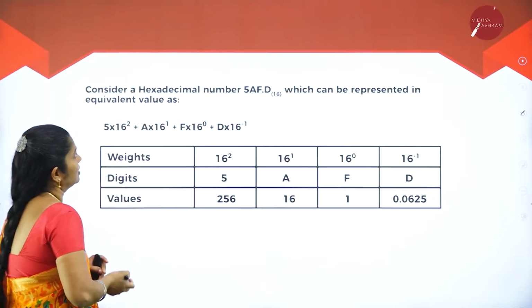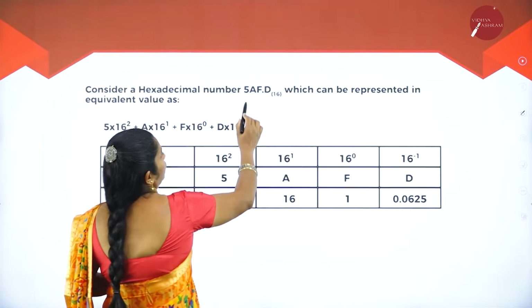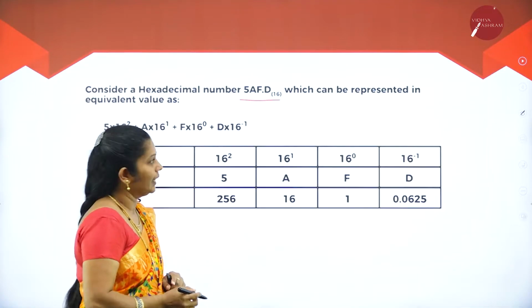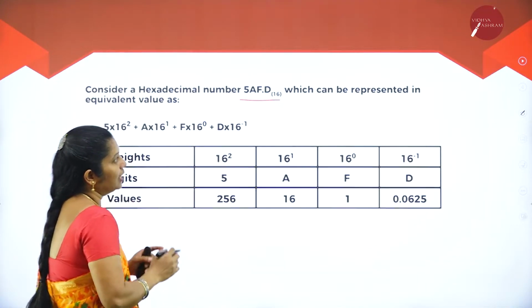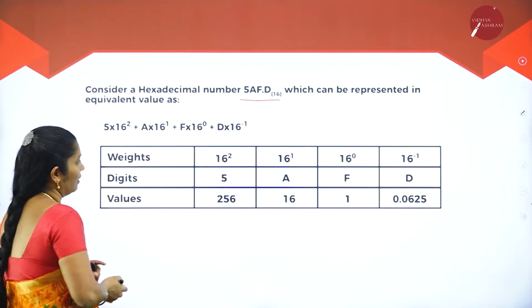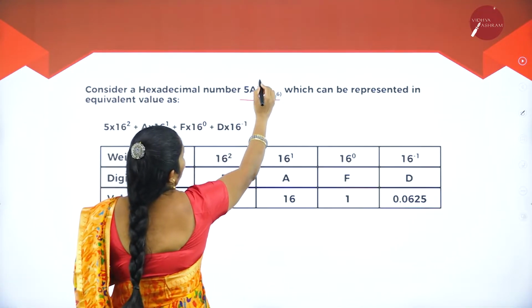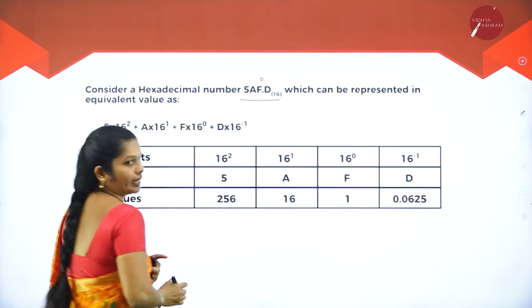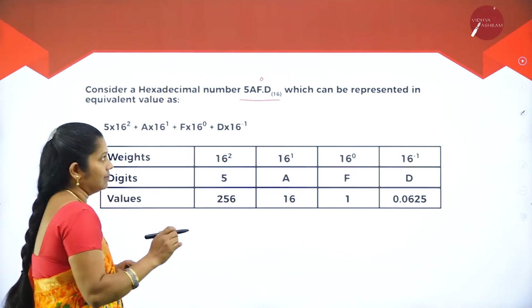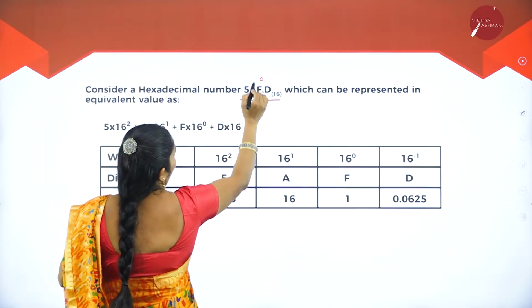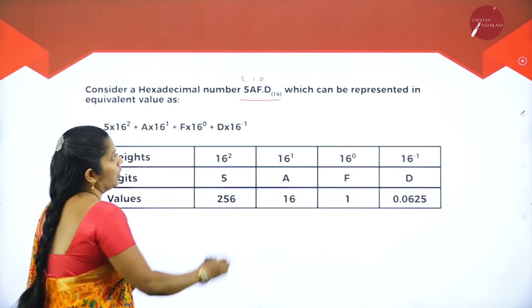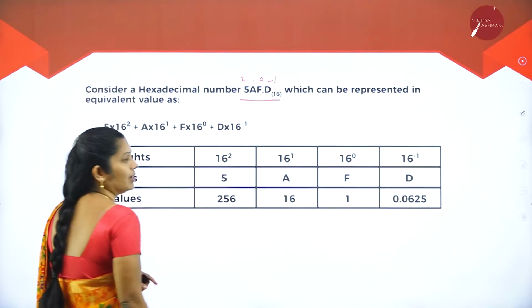Now, in the same way, consider one hexadecimal number, 5AF.D. It can be represented in its equivalent value. For F, 16 to the power of 0 we have to consider because it is a hexadecimal number. Then 16 to the power 1, 16 to the power 2, whereas after the point 16 to the power minus 1.